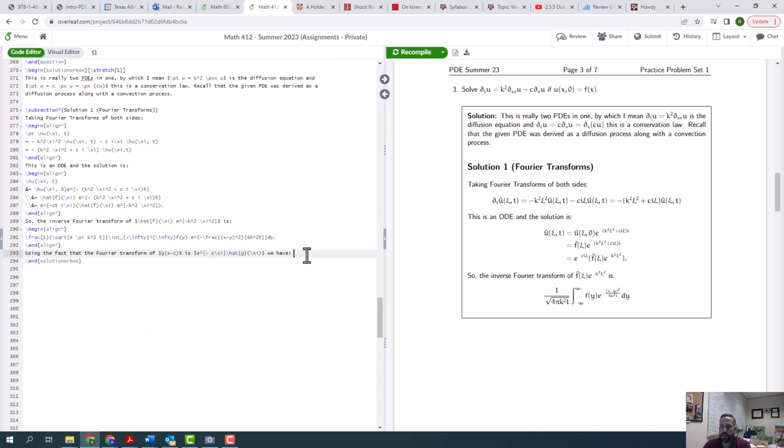Okay. So now, what do I have? I've got the e to the imaginary number times this. I know the inverse Fourier transform of that. It's given by this right here. So the inverse Fourier transform of this is going to be the inverse Fourier transform of that, but shifted to the right c times t units.